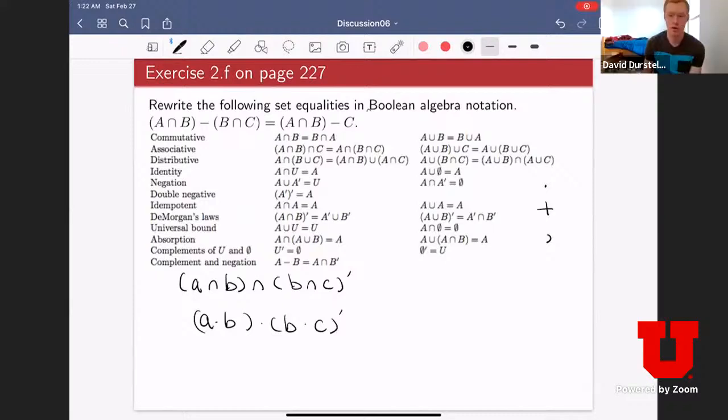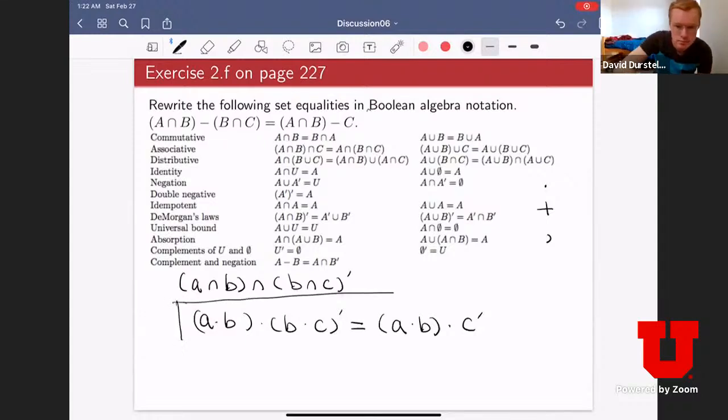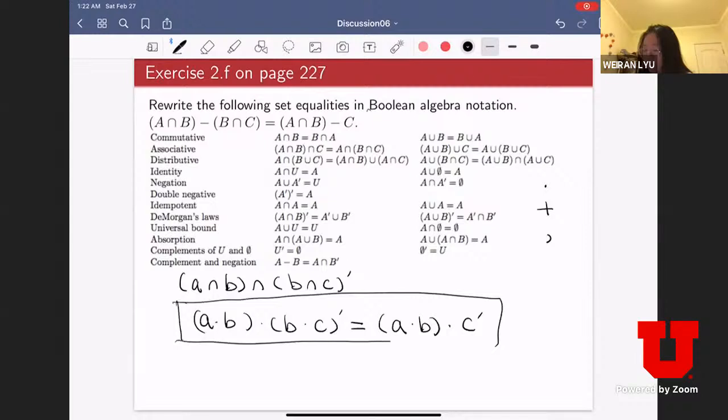Awesome. And then the other side is, well, you do the same thing. It's A times B times C naught. Yep. Yeah, that's correct. And that's all you need to do for this one. You don't have to prove.